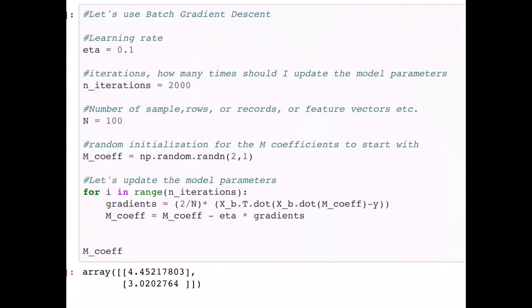That means we are randomly going to pick some training samples or training records. So instead of taking 100 records, we are going to take one record at a time. So every time we learn or use our data set, we are only going to use one record at a time instead of these 100 records all the time. So that is the first meaning of stochastic gradient descent.